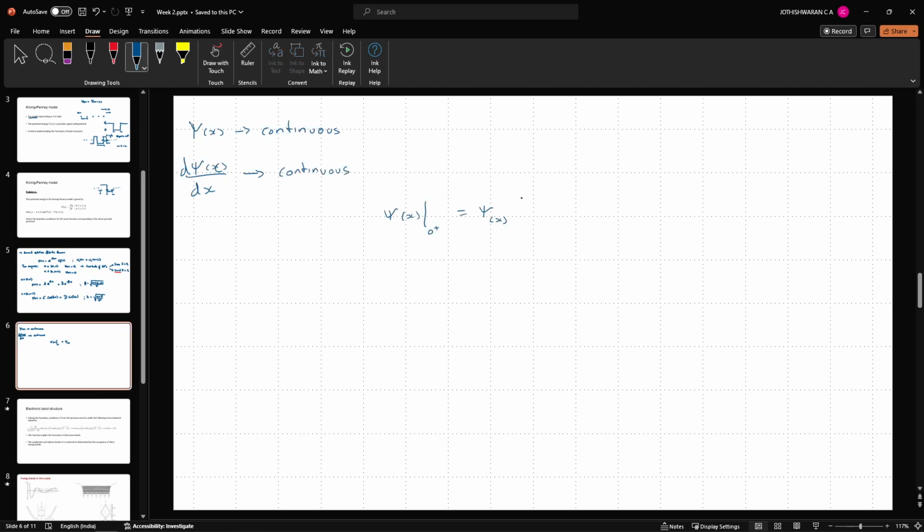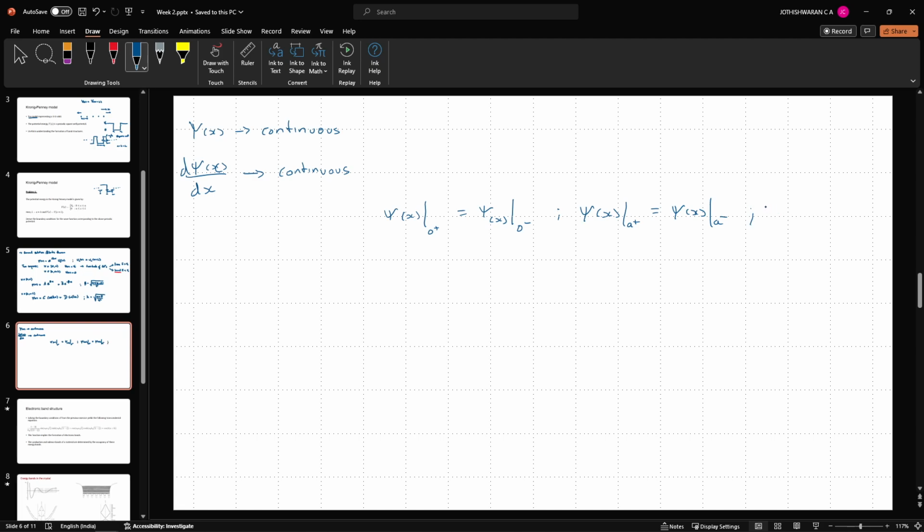So psi of x at 0 plus should be psi of x at 0 minus. Those three points were the discontinuity points in our potential representation. And secondly, we will have psi of x at a plus is equal to psi of x at a minus.